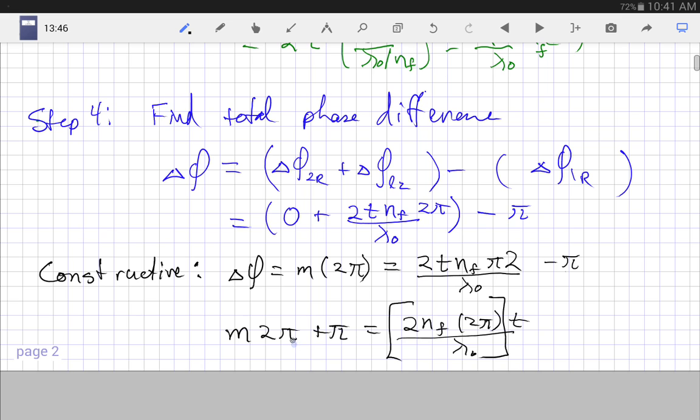On the left side, I like to divide everything by this 2 first, and I rewrite the left side as m plus 1/2 times pi. Now I'm going to divide out the pi's.